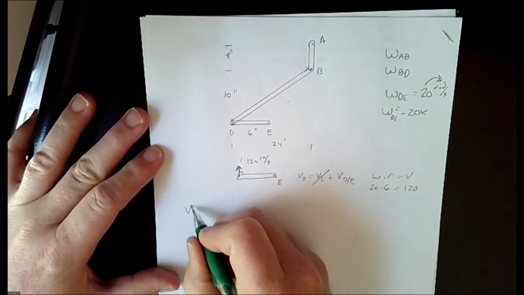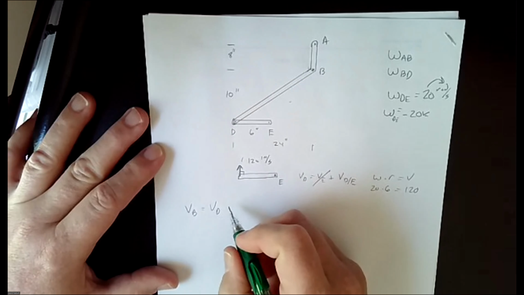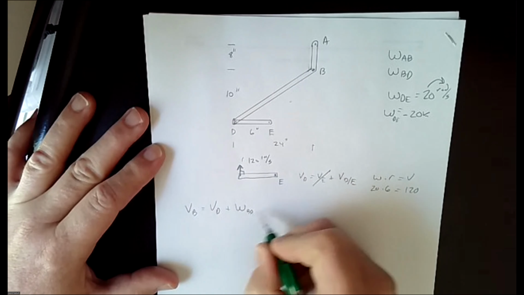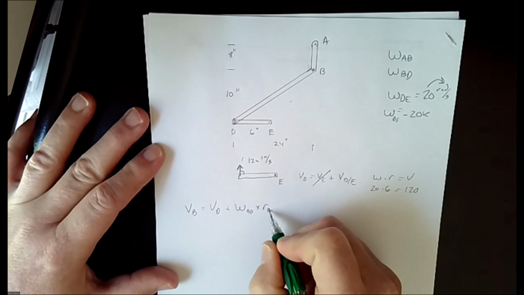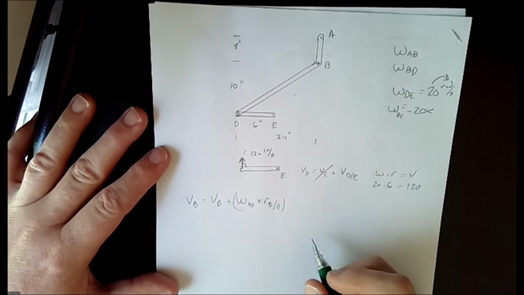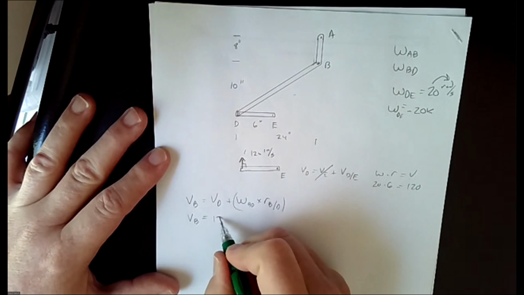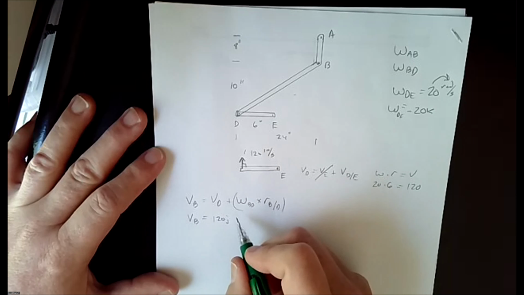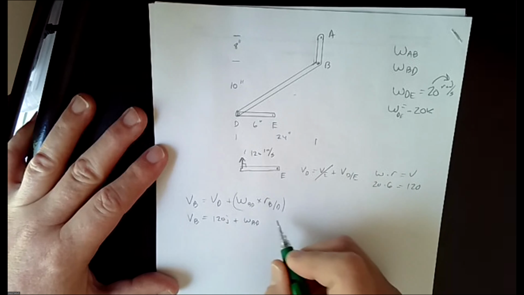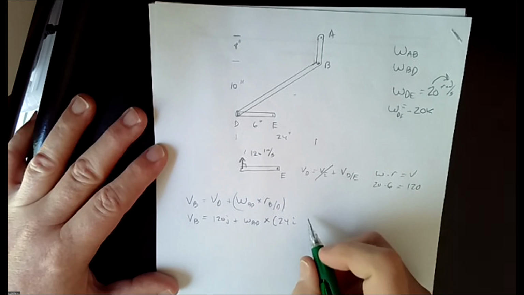So we know that the velocity of B equals the velocity of D plus omega BD crossed with R, B relative to D. If we do that, we end up with VB equals 120J plus omega BD crossed with 24I plus 10J.